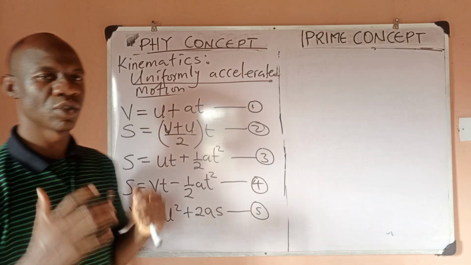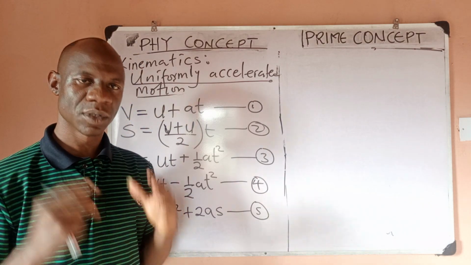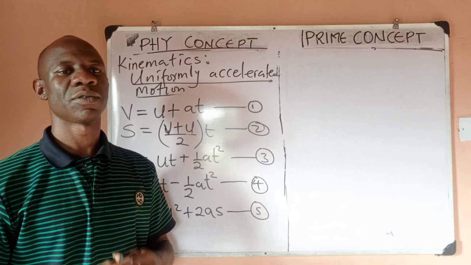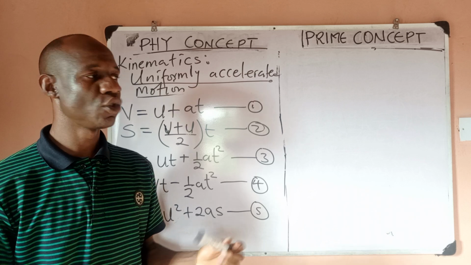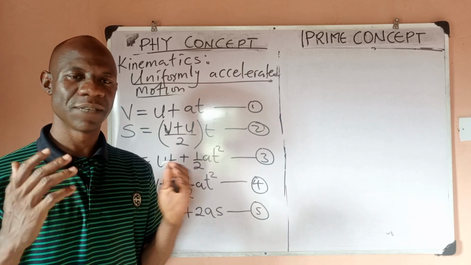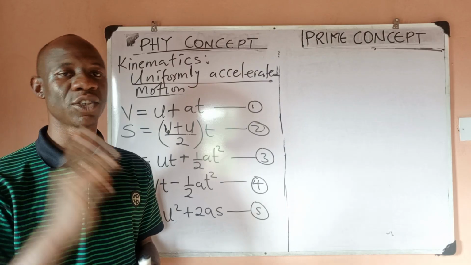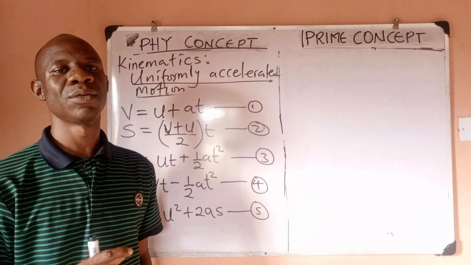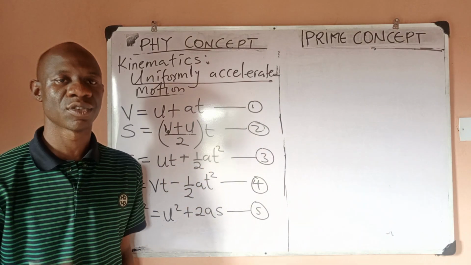Now this time I want to answer the problem or the challenge most students have, students that are preparing for exams, JAMB, WAEC, 100 level undergraduate students, SAT exam students, JPEP students, and so on. They've always asked me one major question: when I'm given a problem under uniformly accelerated motion, how do I know which of these equations to use?